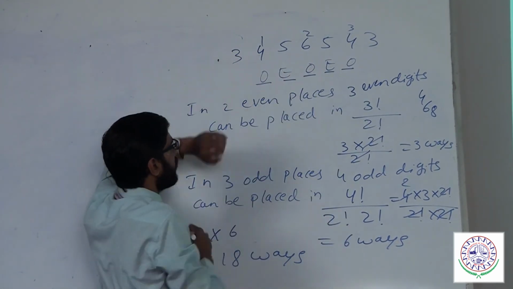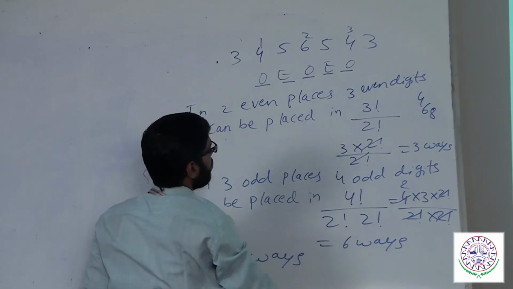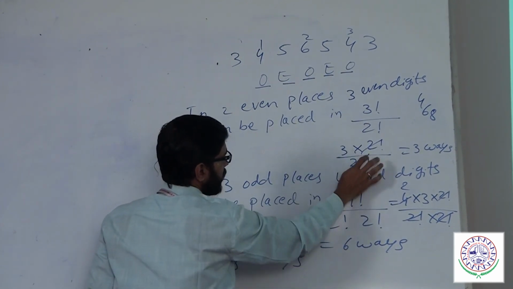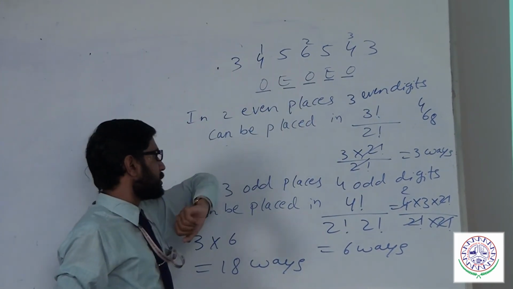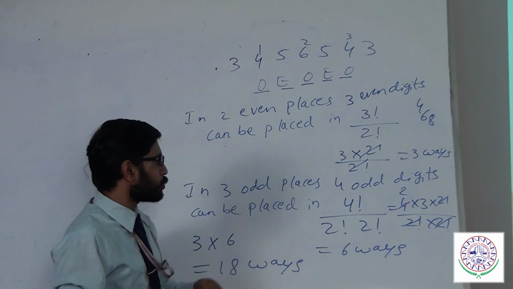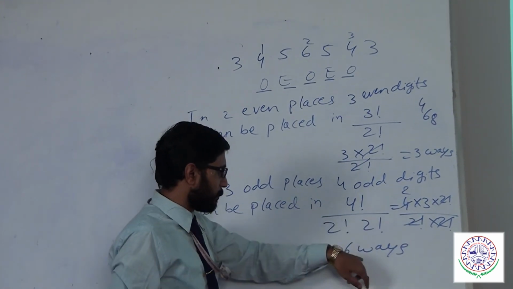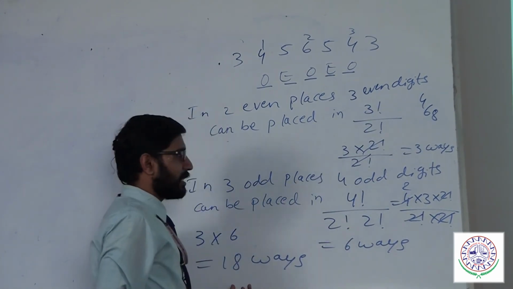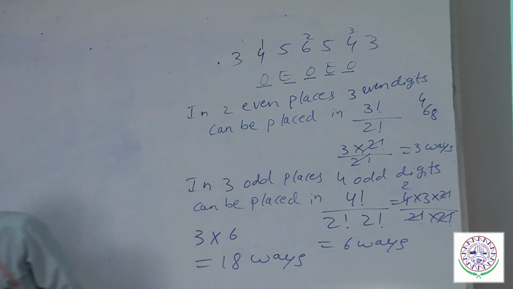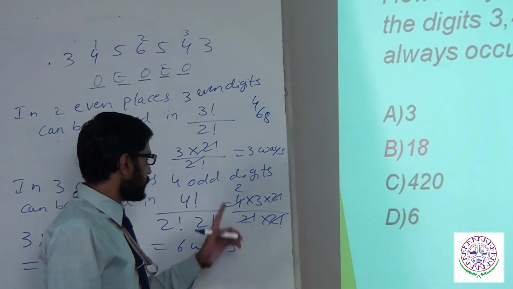Since out of the 3 even digits, 1 is repeated, it will be divided by 2 factorial. And again in the 4 odd digits, 2 odd digits are repeated, so it will be 4 factorial divided by 2 factorial into 2 factorial. So if you solve this, it will be 6. So the total number of ways is 18 ways. So the answer for this question is option B, that is 18.